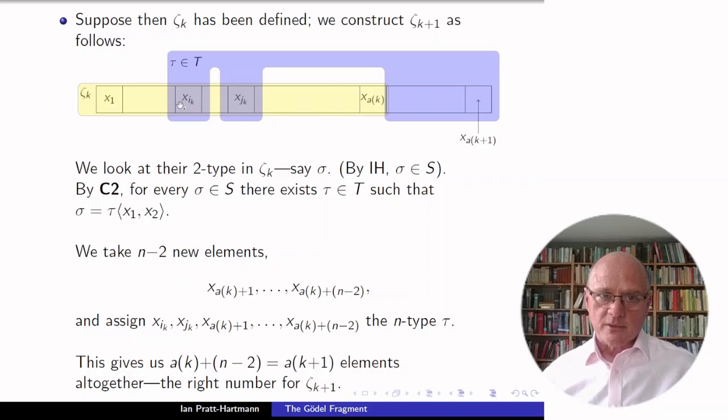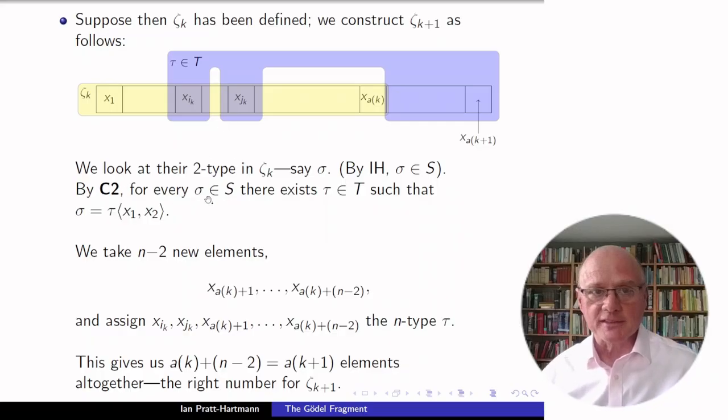These elements satisfy some 2-type in the structure zeta k, the yellow structure that we already have. That 2-type has to be in S, the set of 2-types in the certificate.